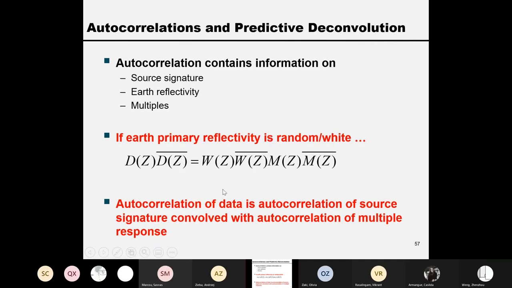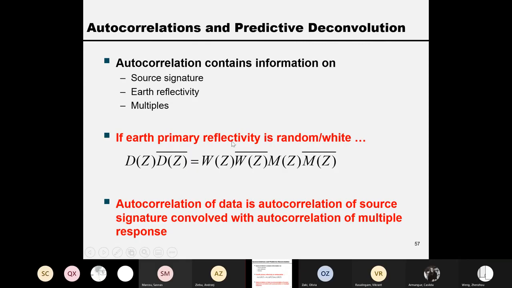We assume your seismic data autocorrelation to be equivalent to the autocorrelation of wavelet, right? But now, in fact, when you have multiples, your autocorrelation becomes autocorrelation of wavelet and autocorrelation of multiples. They're multiplied together.